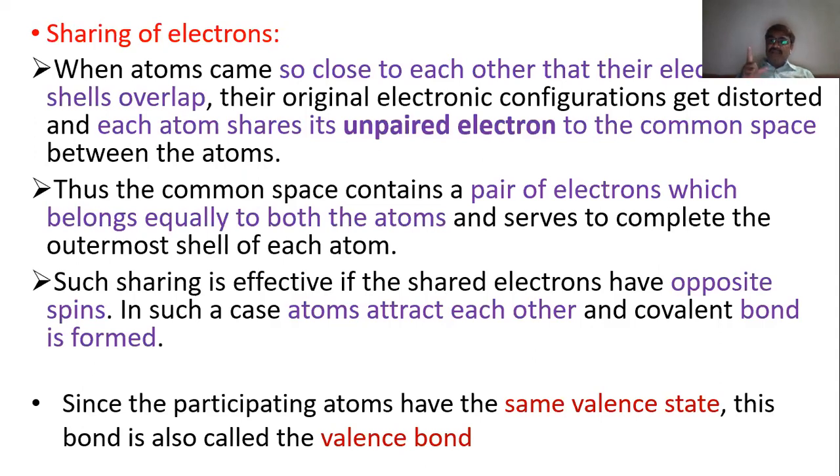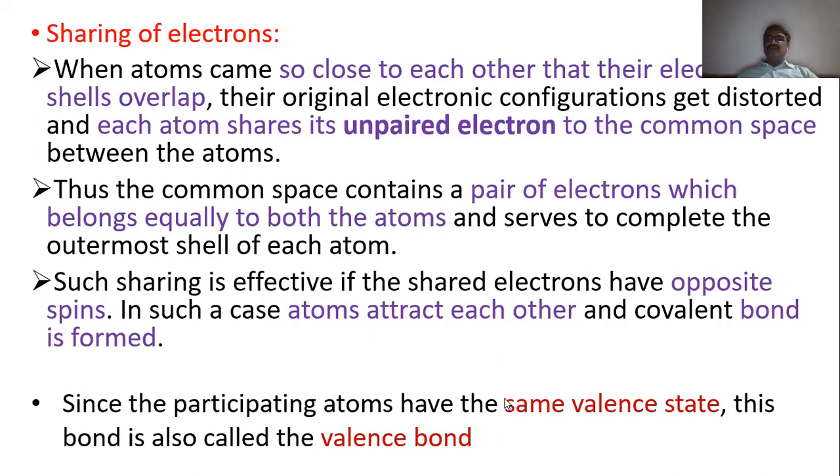This pair serves to complete the octets of both atoms and makes the electronic configurations of both atoms stable. The sharing of electrons is especially effective when both electrons have opposite spins. In that case attraction is possible and a bond is formed. This is sharing of electrons.